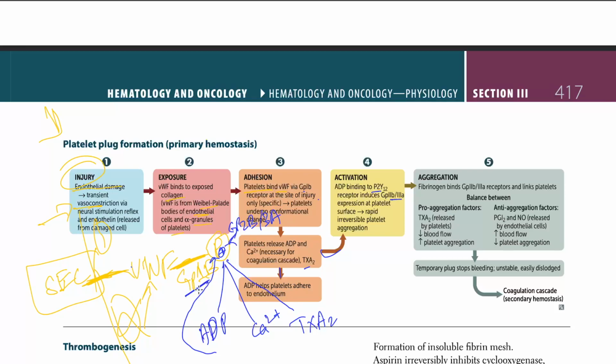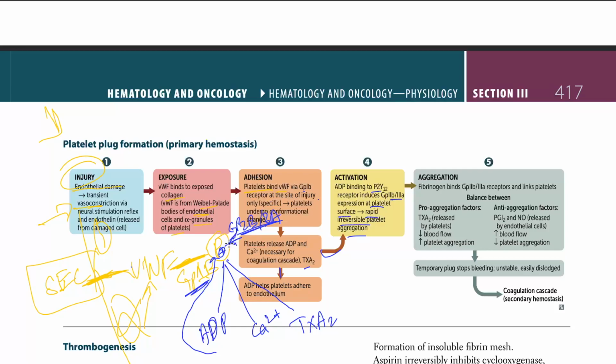So we have one GP1B, but now we also have the GP2B3A. And how did we get that? The platelet releases ADP, ADP stimulates the P2Y12 receptor, that induces this receptor on the surface, which leads to rapid irreversible platelet aggregation.